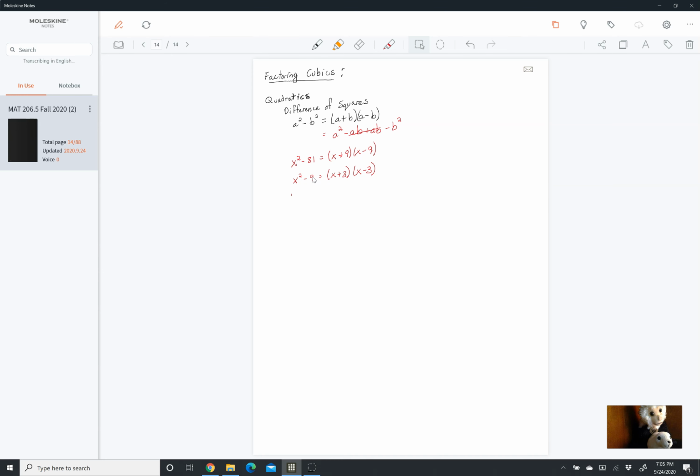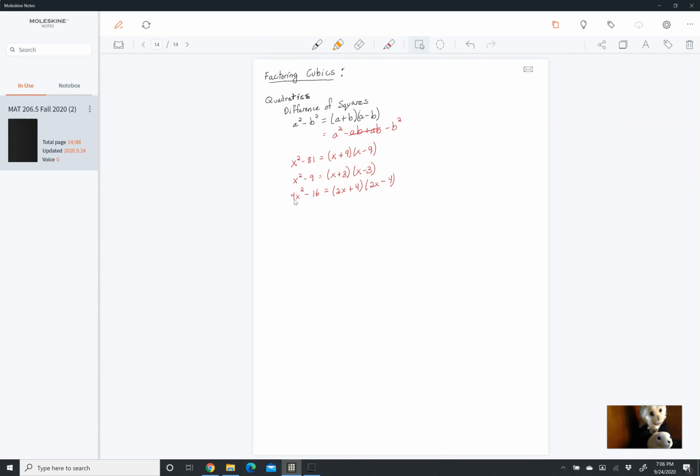Okay, let's take something even more. Let's take 4x squared minus 16. Well, again, 4x squared is a perfect square. So the square root of x squared is x, and the square root of 4 is 2. So now we have 2x, and then 16 is also a perfect square. Its square root is 4. So we have 2x plus 4 and 2x minus 4.